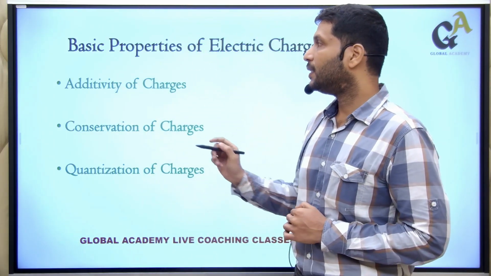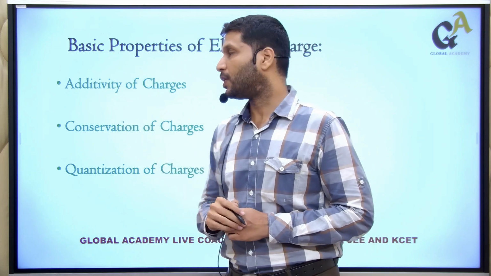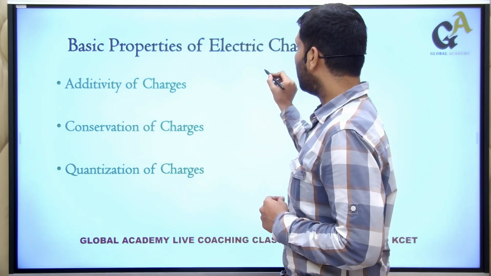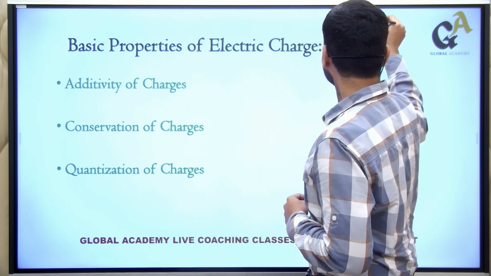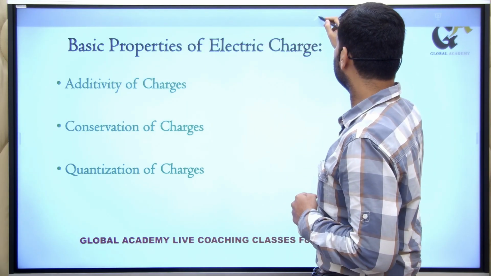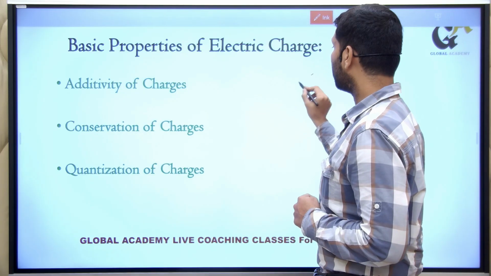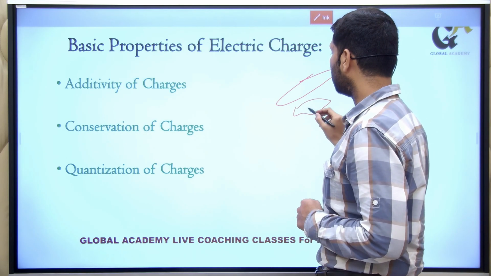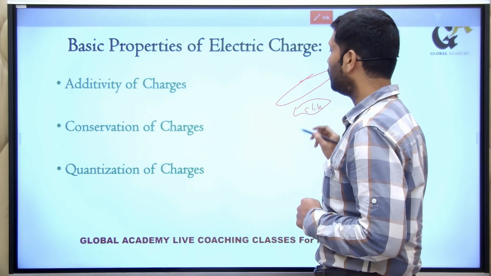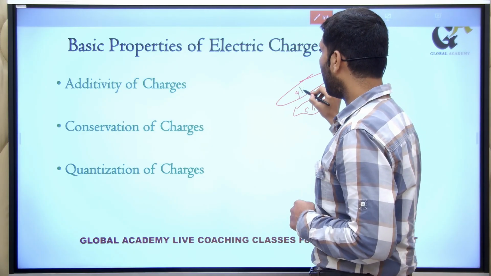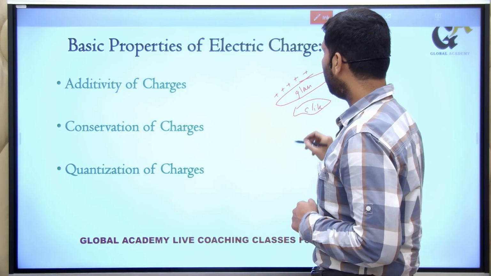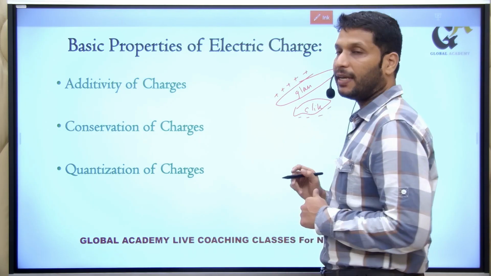The first one is that charges are additive in nature, or additivity of charges. For example, consider a glass rod rubbed with a silk cloth. The glass rod gets positively charged and the silk gets negatively charged.